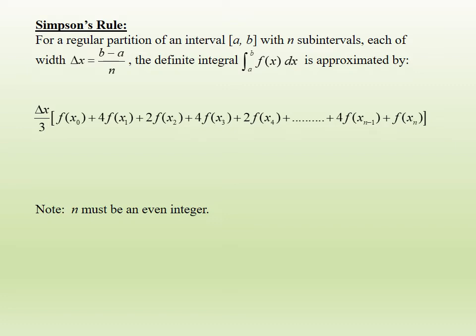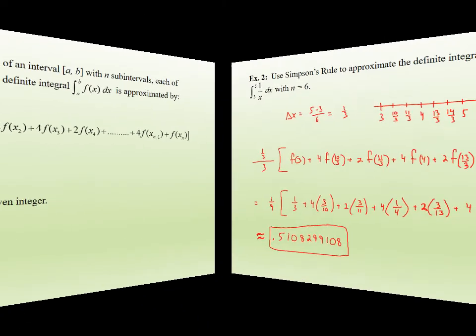In Simpsons rule, we have to take note that the value of n must be even.